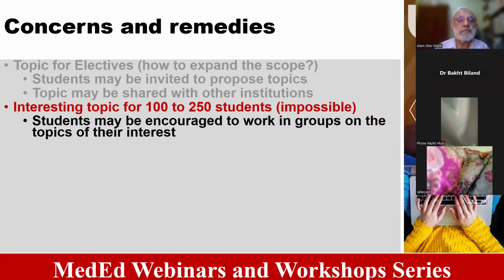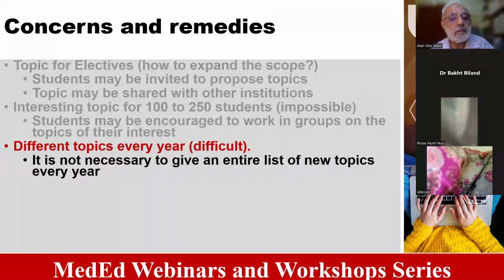Yeah, of course, if that's the number of students in our one class, it would appear almost impossible to have topics for individual students. So in this way, the students may be encouraged to work in groups on the topics of their interest. So that may be one way of handling this issue.